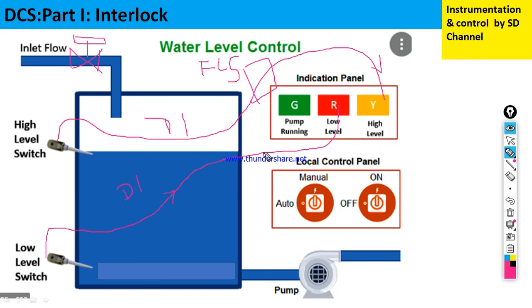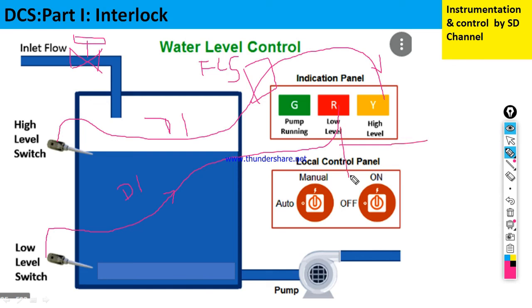So for example, if the level is high, this valve should be closed because this is the inlet valve. So this is the interlock. If the level is high, this valve will close. So for example, you can make an interlock in a different platform.